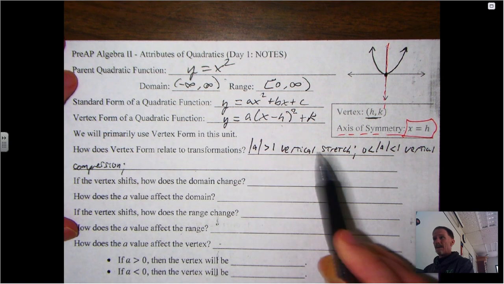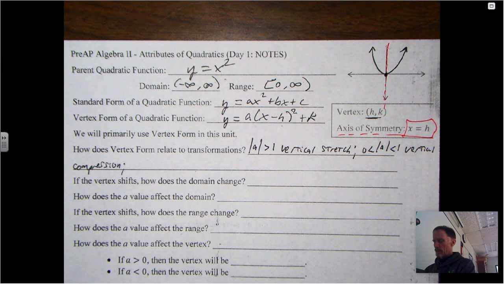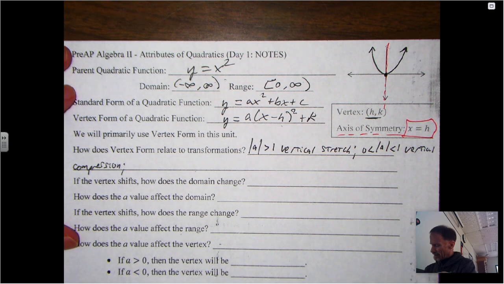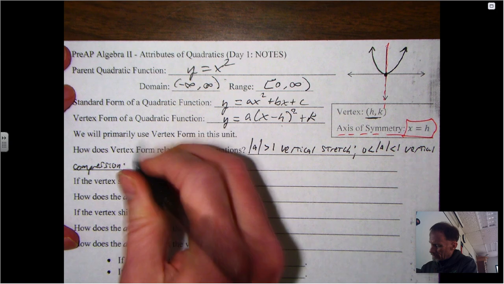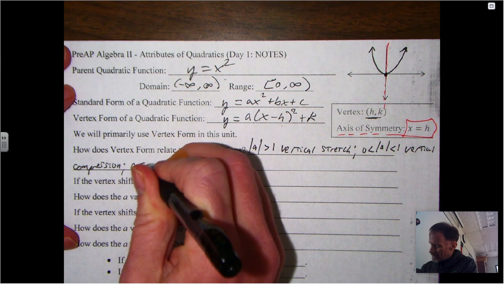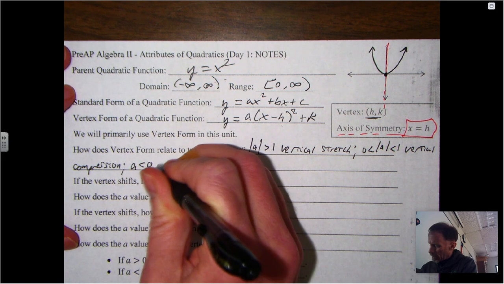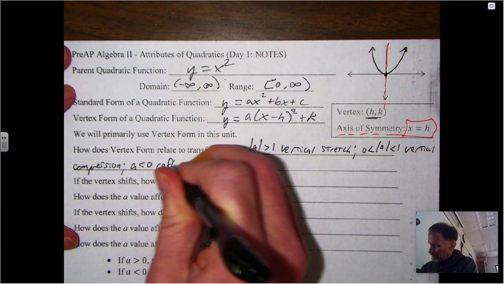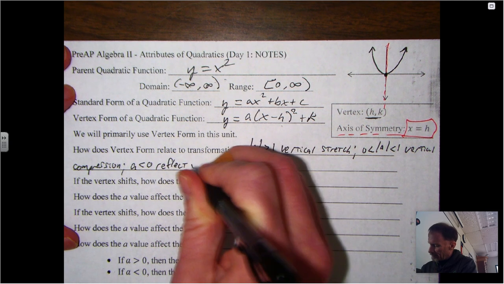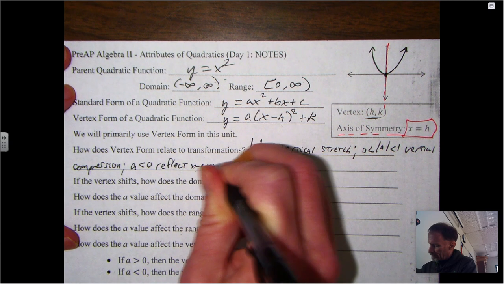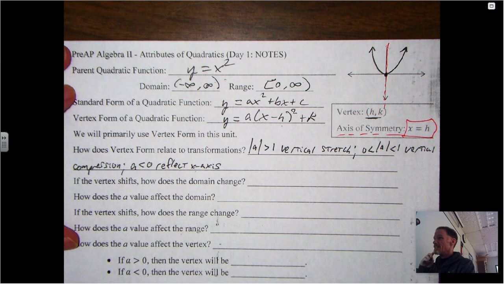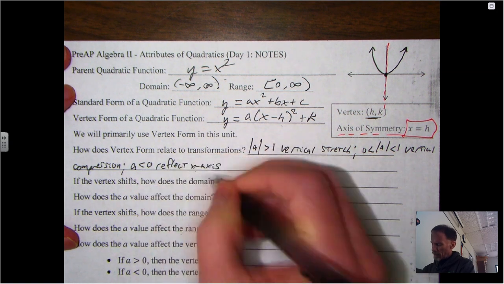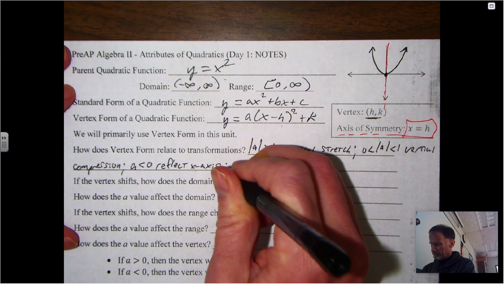I use the absolute value there because it's just the value of the number itself. If a is ever negative, so if a is less than 0, then it's a reflection across the x-axis. So that's everything that a does. And remember, going across the x-axis basically means upside down.